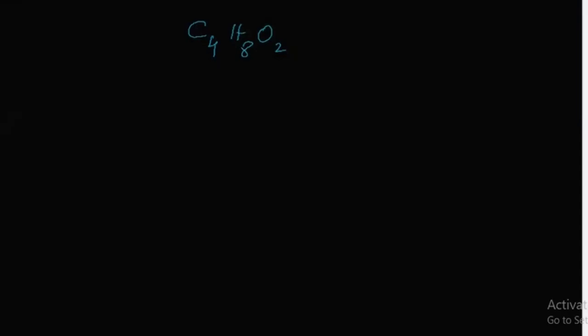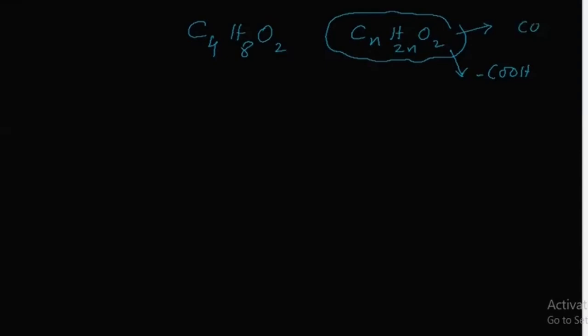C4H8O2 is CnH2nO2, and you know that this general formula represents both the carboxylic acid and esters. So either you are going to draw the carboxylic acid or esters, COO.